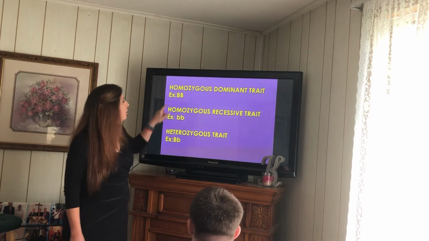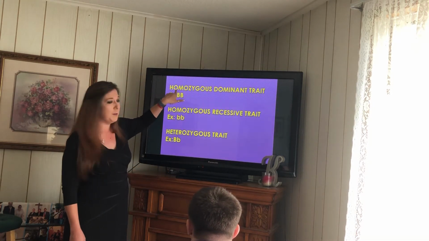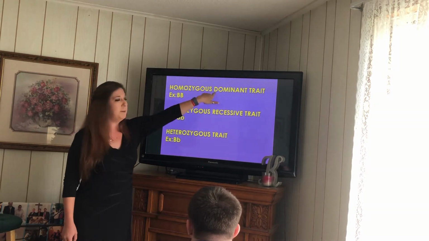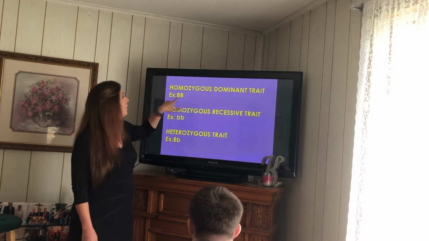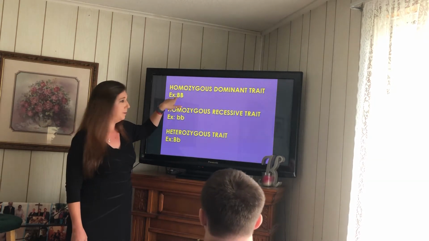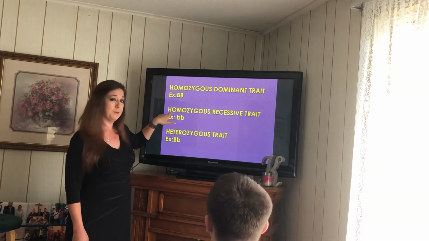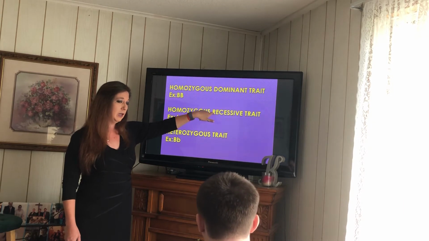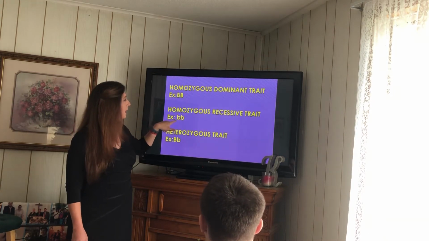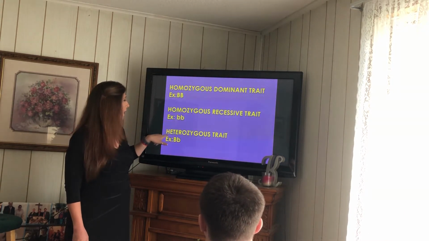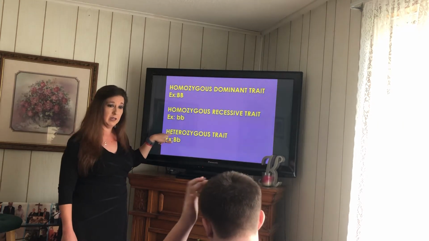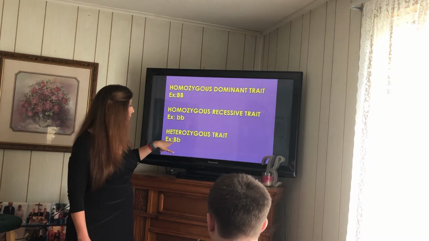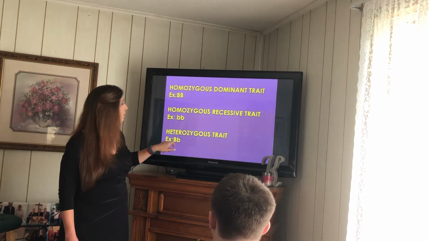Homozygous dominant trait: homo means same, dominant means capital letters, so it would be expressed as big B, big B. Homo, same; recessive, lowercase letters, so it would be small b, small b. Hetero means different, so big B, little b. That's right.